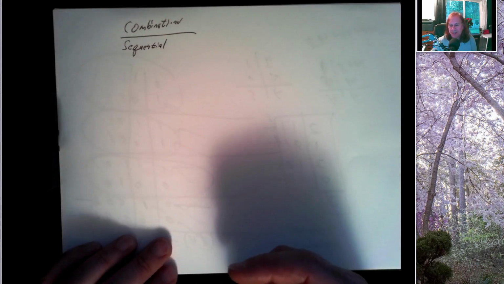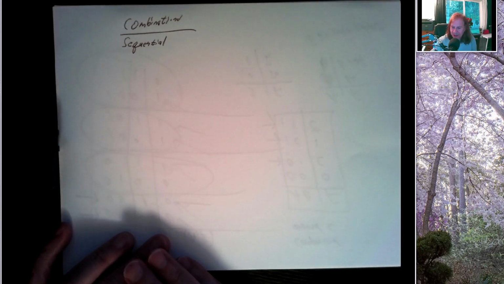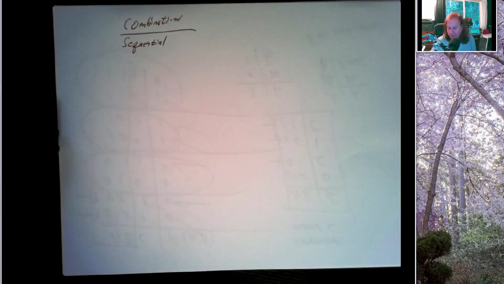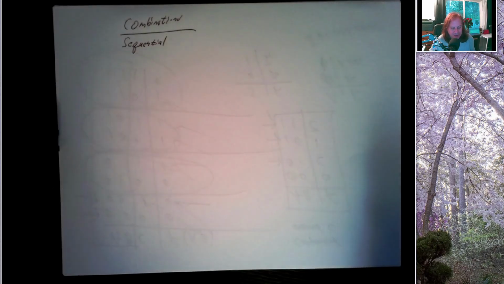They have an ability to change their behavior based on what has happened in the past. And we can learn how to control this memory to get very specific behaviors out based on sequences of events. And these are what most of the more interesting circuits are that we deal with in digital logic, including things called state machines. An example of a state machine is a computer. It's a very, very complex state machine.